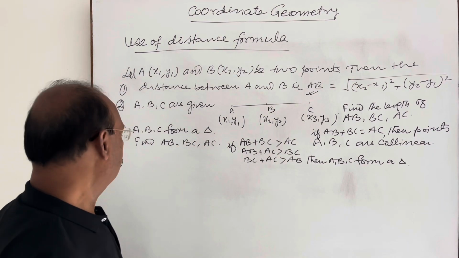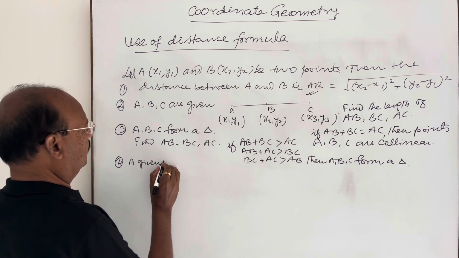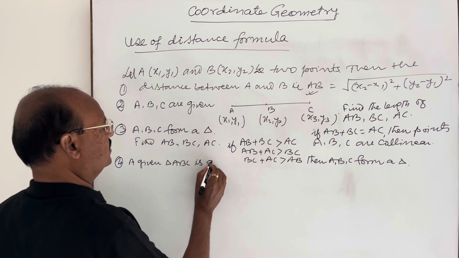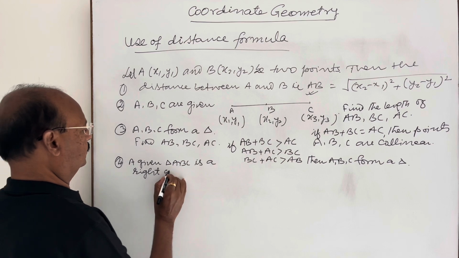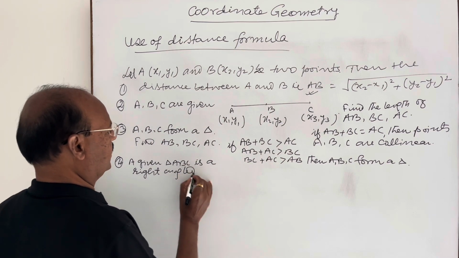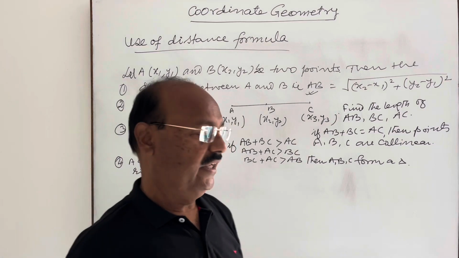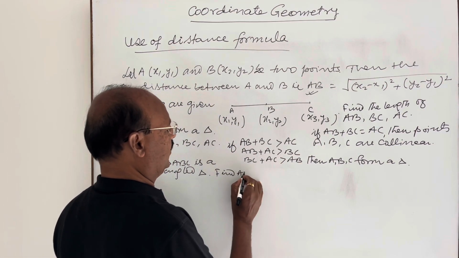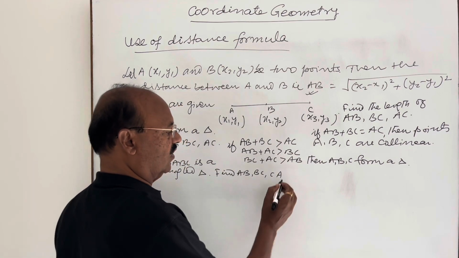We have to prove that a given triangle ABC is a right angle triangle. How can we show it? Here also we will find the lengths of the line segments AB, BC and CA.